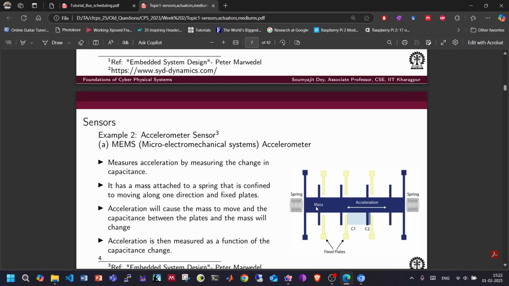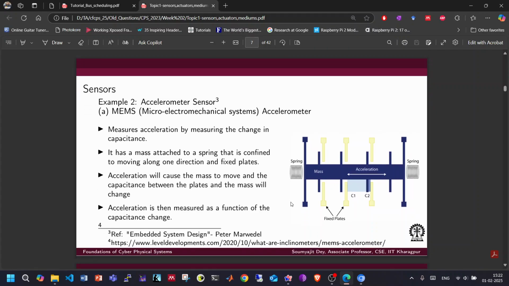As the mass moves, the spring will be stretched, and by measuring the voltage through it or the current through it, if it's piezoresistive, you will understand how much strain we are causing. So you can quantify with how much acceleration the vehicle is moving and in which direction. So this is one way of doing it.